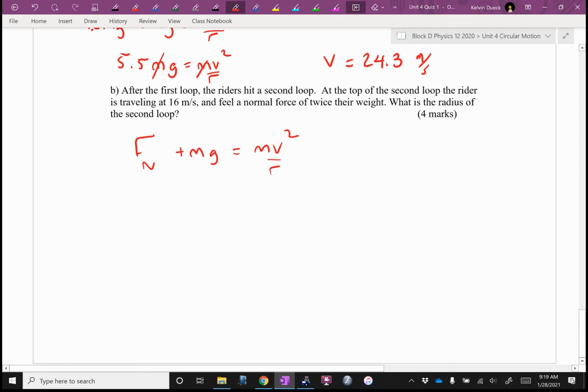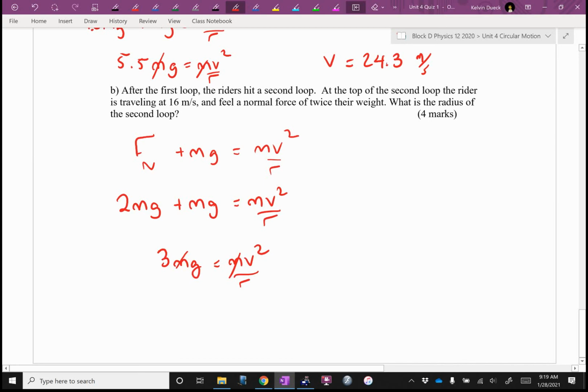I'm going to get the r by itself eventually. We feel a normal force of twice our weight. I guess 3 mg's equals mv squared over r. Oh, cool.